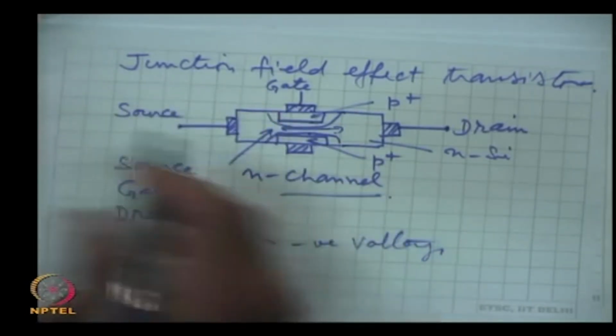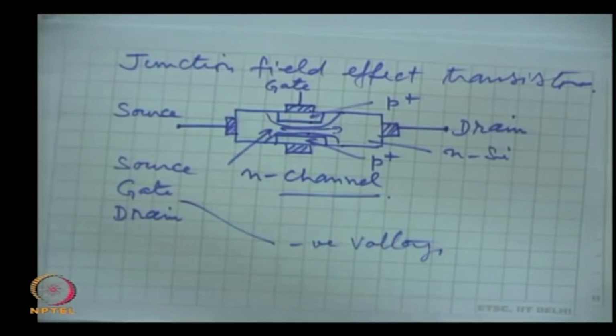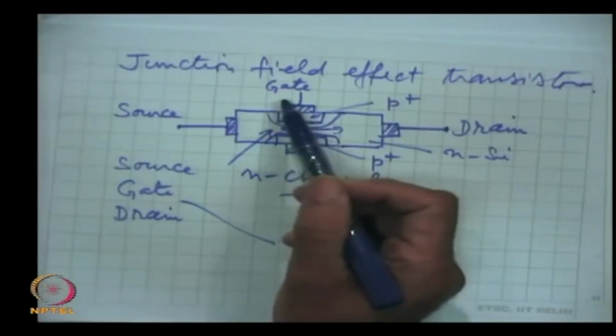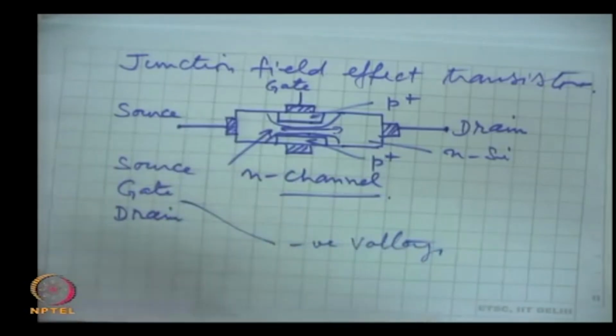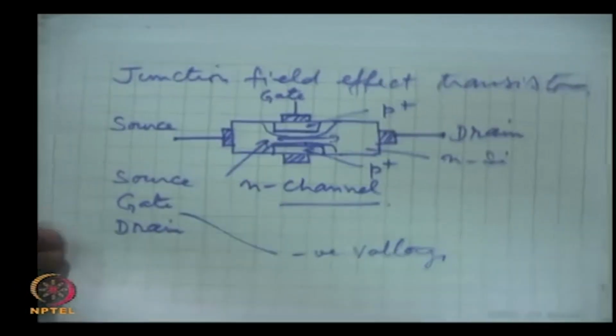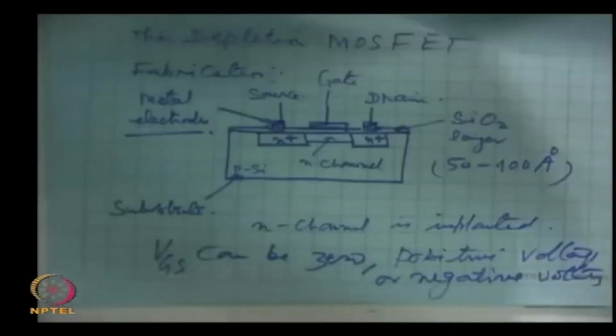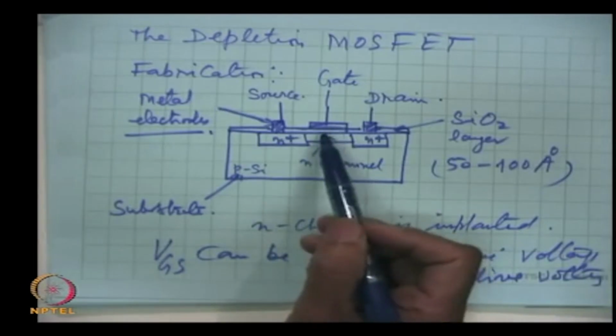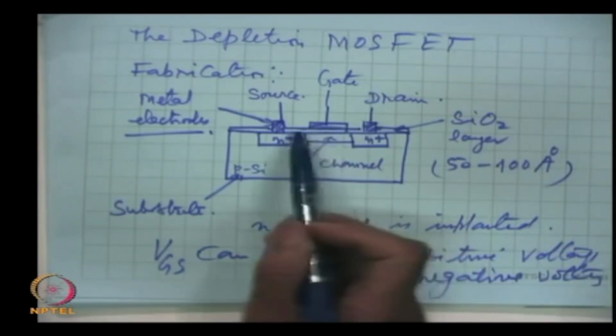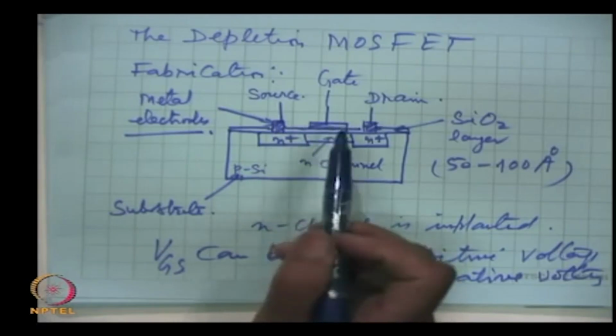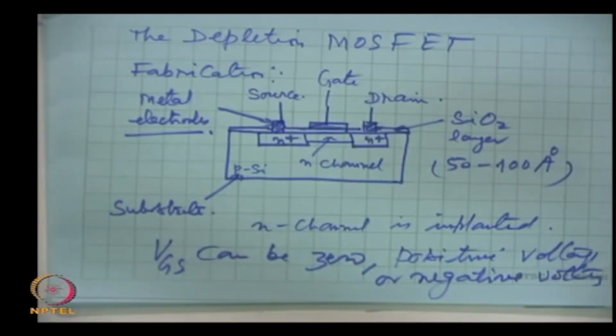We draw the characteristics where the gate source voltage is negative, more negative, more negative, and so on, because making it positive will make the junction forward biased, a lot of current will flow and a different phenomenon will occur and create problems. In the MOSFET, there is no PN junction, hence it permits the voltage at the gate with respect to source to be either positive, negative or 0.